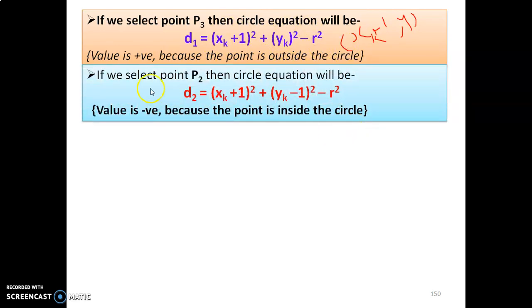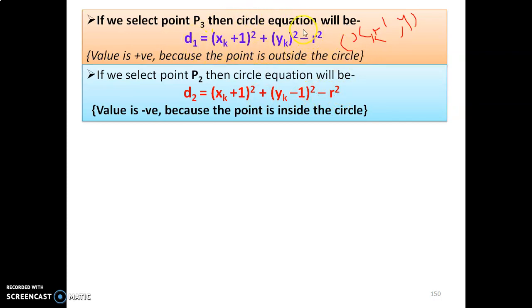Similarly, we can derive the equation for P2. The P2 coordinates are xk plus 1, and the y coordinate is yk minus 1. So the D2 equation is derived as xk plus 1 square plus yk minus 1 square minus r square.